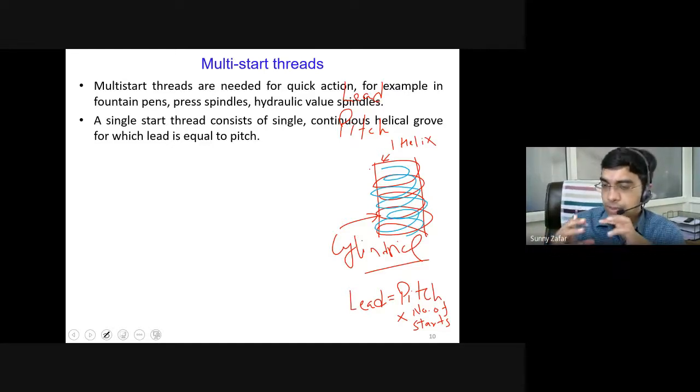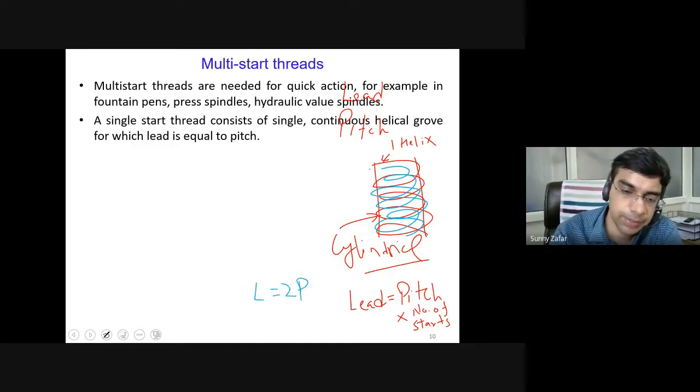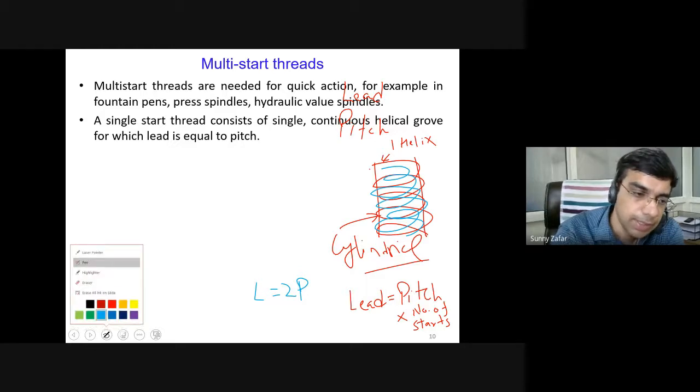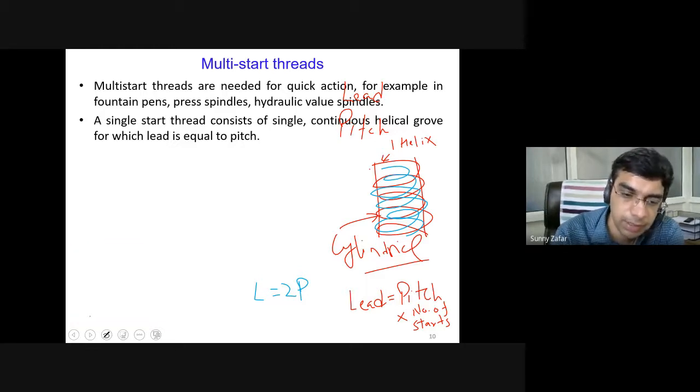They increase the lead depending on the number of starts. Suppose there is a two start or double start thread, then the lead becomes 2 pitch. Similarly, if you have three starts, it becomes 3 pitch.